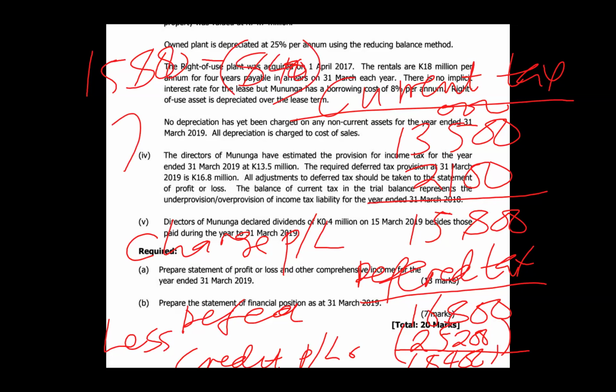Of course, there are 3 zeros. These are 7,200,000. This is the tax that we are going to pay. It is what you're going to report under taxes in the statement of profit or loss. You record this 7,200.